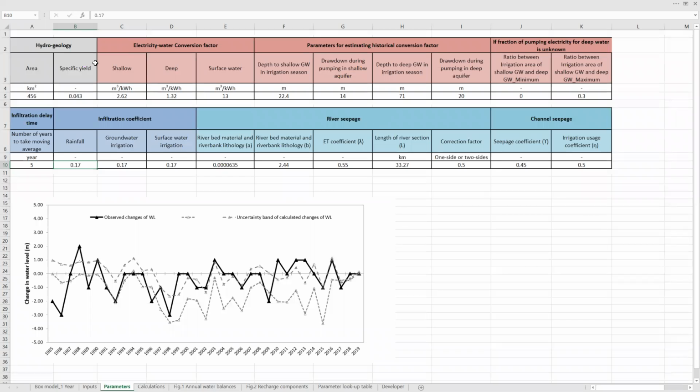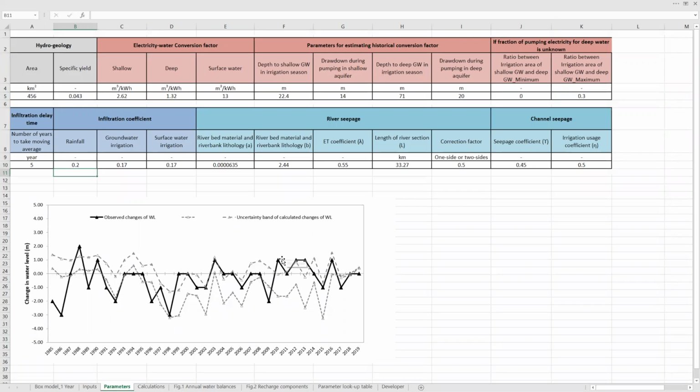The parameters are entered here, and because there is only total pumping electricity in history, the C values are entered here to take into account the uncertainty. If you change the parameters, this figure will change correspondingly for you to calibrate. For example, we change the infiltration coefficient to 0.2.